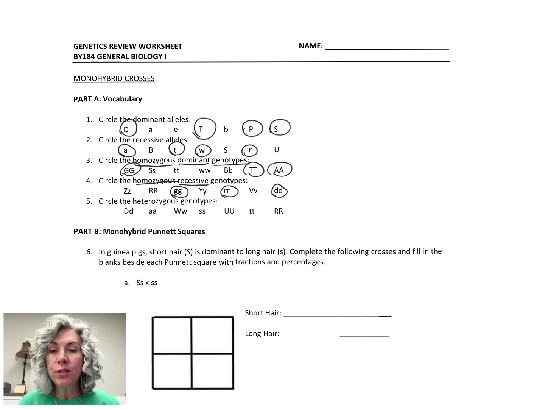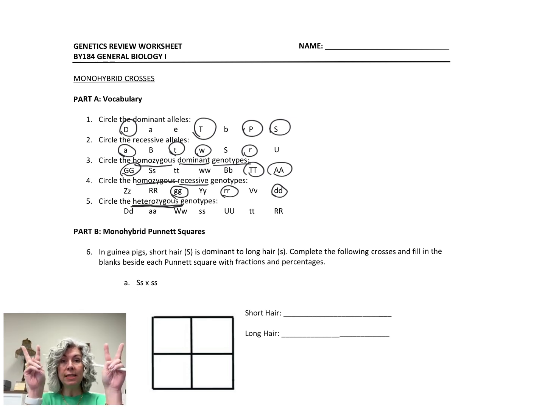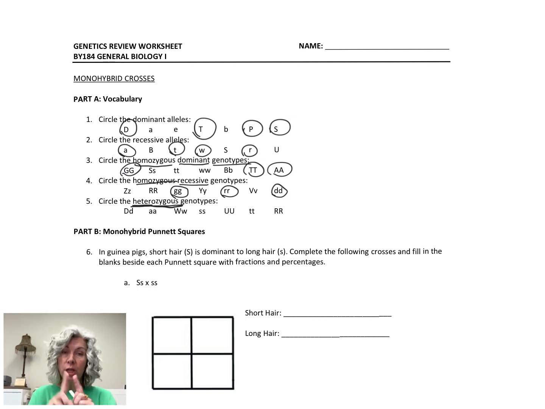Last question, number 5, circle the heterozygous genotypes. Hetero, there's the prefix. Hetero means different, not alike. So you're not going to have 2 capitals or 2 lowercases. Instead, you're going to have 1 of each. So 1 capital, 1 lowercase, 1 dominant, 1 recessive together. That's what heterozygous means.